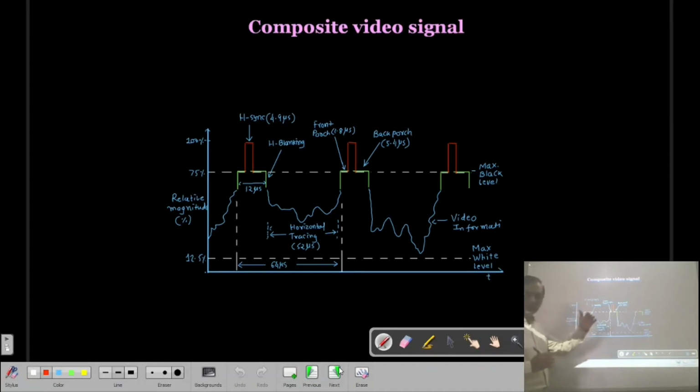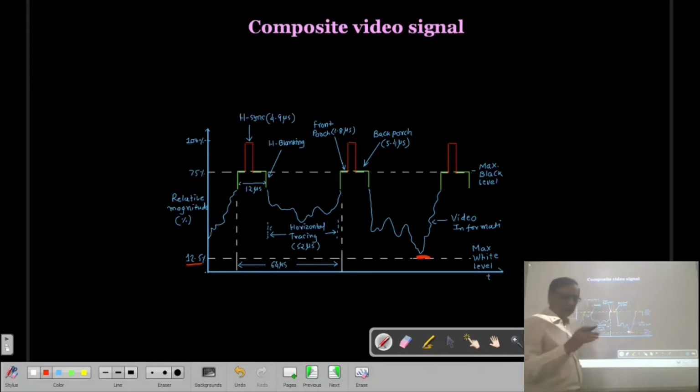If we see the signal of 1 volt peak to peak, or 100% amplitude, then the 12.5% is representing the maximum white level of a video signal. It means if we have a very bright area in a picture, it will produce this much voltage, minimum voltage you can say, because the signal is inverted.